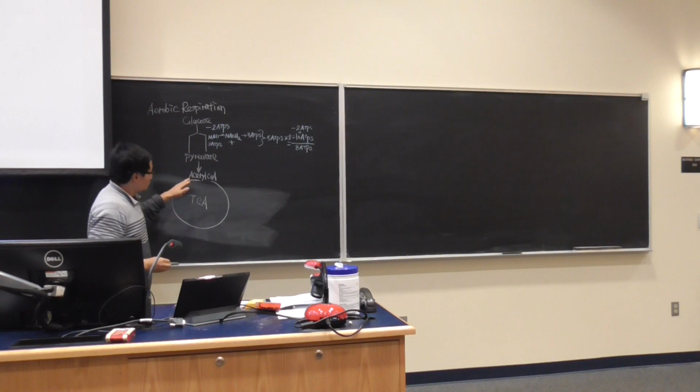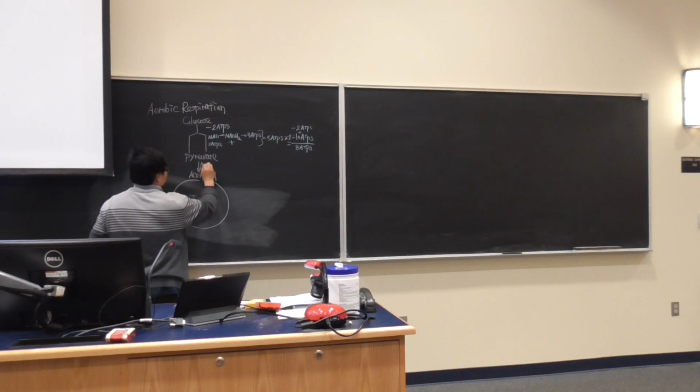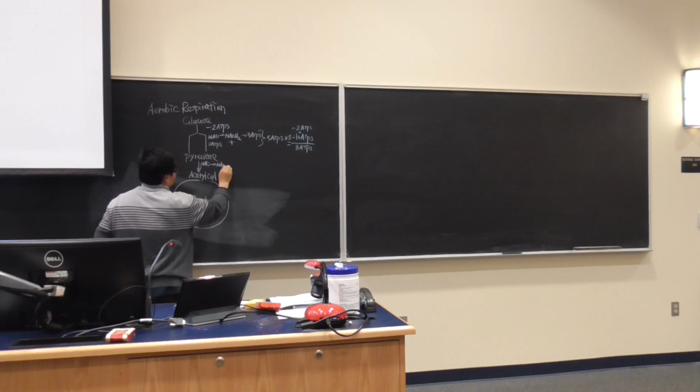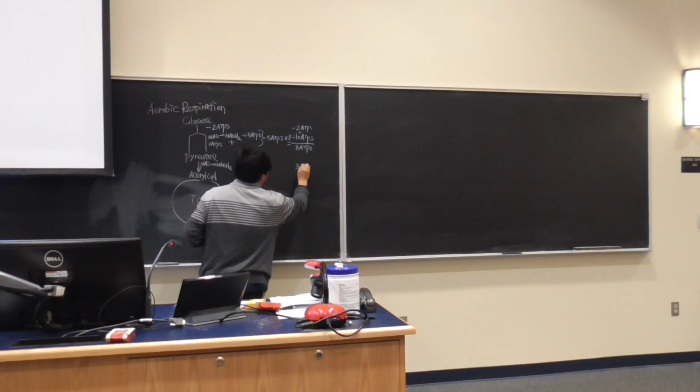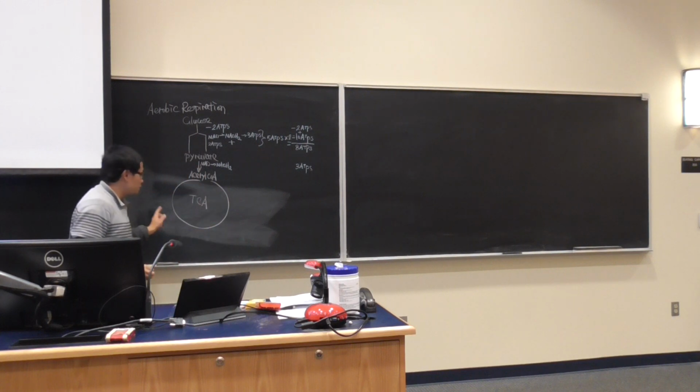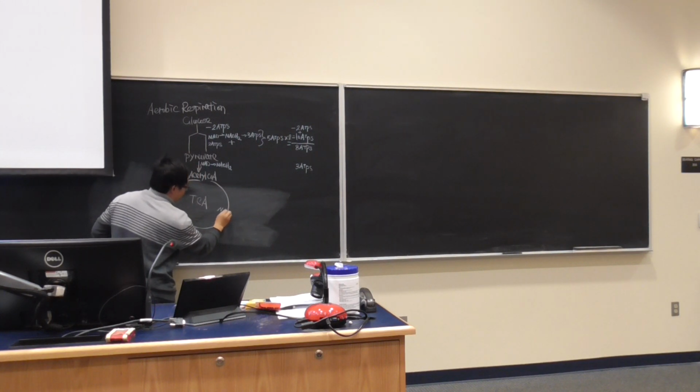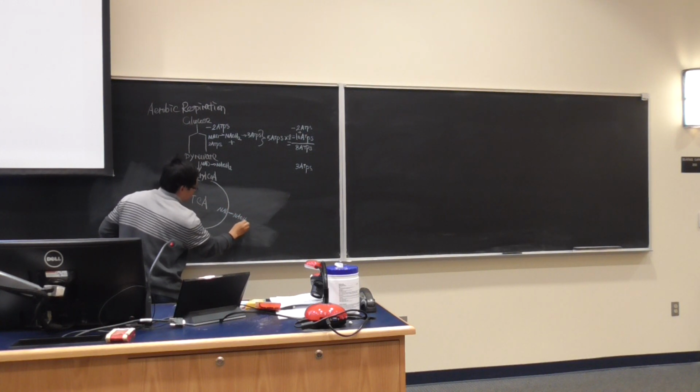And then, going from pyruvate to acetyl-CoA, there is NAD reduced to NADH2. That is 3 ATPs. And in the TCA cycle, you need to know that somewhere here, NAD is reduced to NADH2 twice.